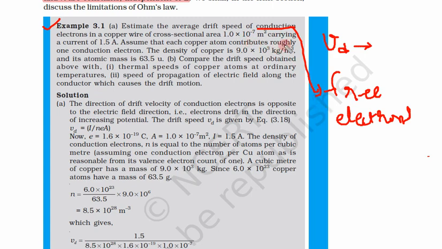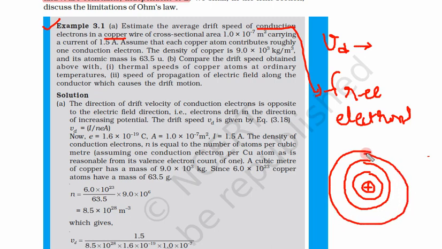So there are several concepts associated with this. One is conduction electrons. Conduction electrons are those electrons which are free to move. For copper, let us say this, generally they will ask for copper. For copper, this is the positively charged nucleus. This is first orbital, this is second orbital, this is third, and this one is fourth. So as you know, this nucleus is positively charged and electrons are negatively charged.